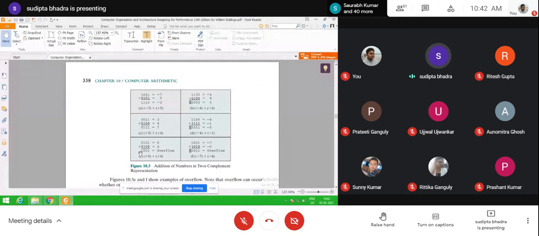If it is 0, then there is no problem; the magnitude of the 3 bits from 0 to second is taken as magnitude, the same as sign magnitude in 2's complement form. But if it is 1, then it is minus 8. Similarly, this 9 can't be represented by 4 bits, so you need more bits. Whenever more bits are required, that is the overflow condition. So plus 5 plus 4, both are positive.